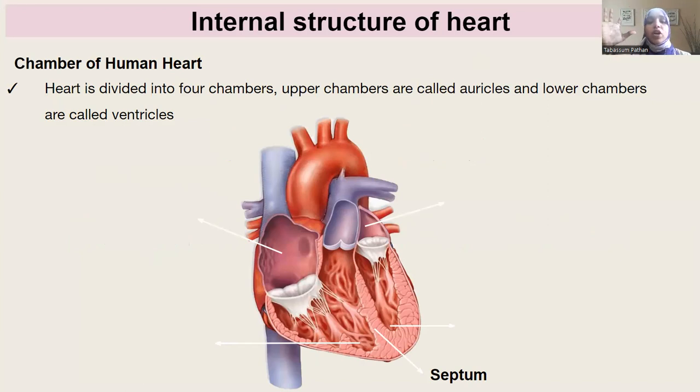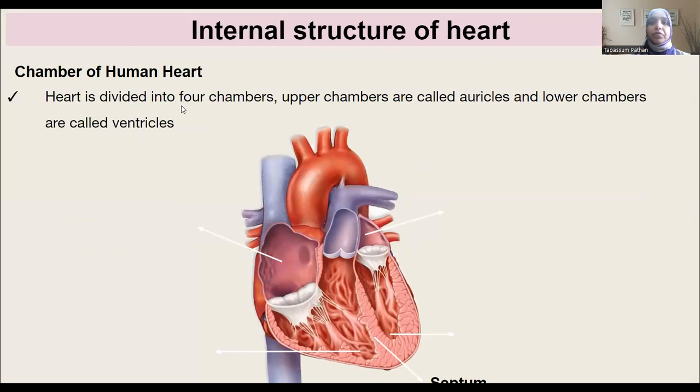When we begin discussing the internal structure of the heart, we know that the heart inside is more or less like a hollow structure. This hollow structure is divided into four parts, or four cavities, or four chambers. You have two upper chambers and two lower chambers.